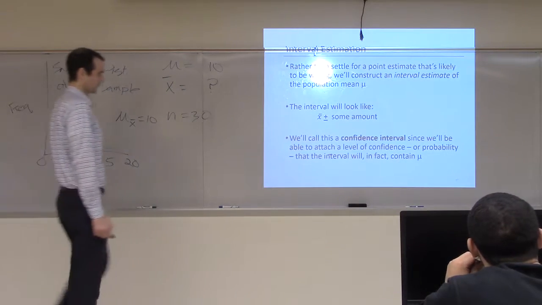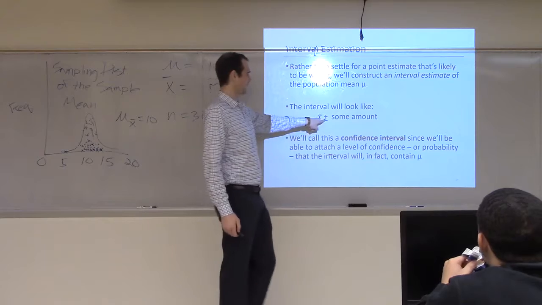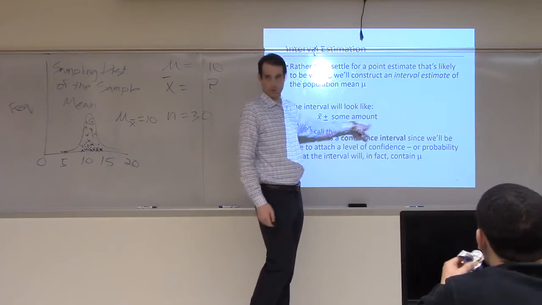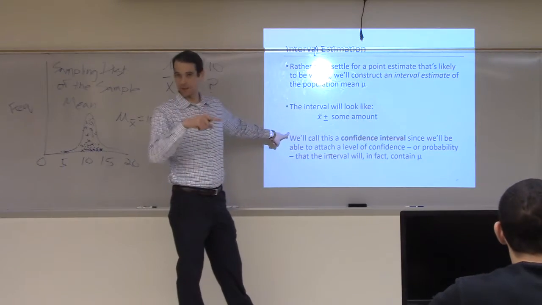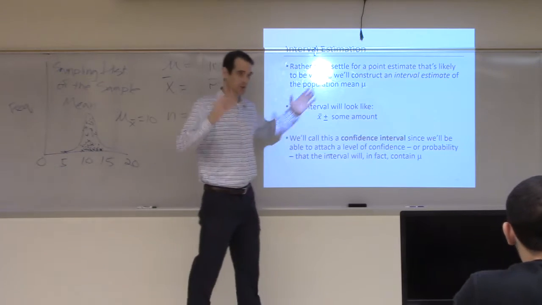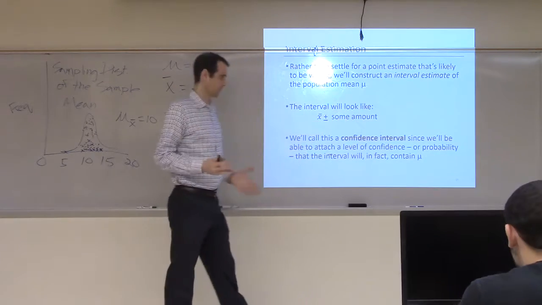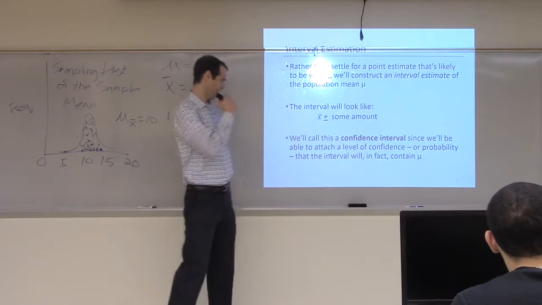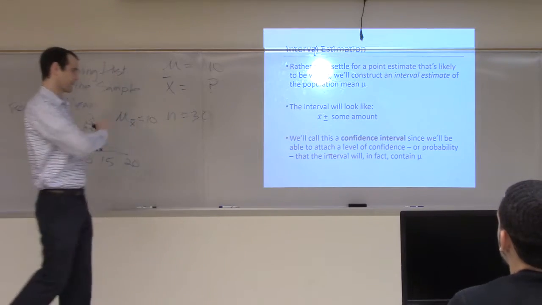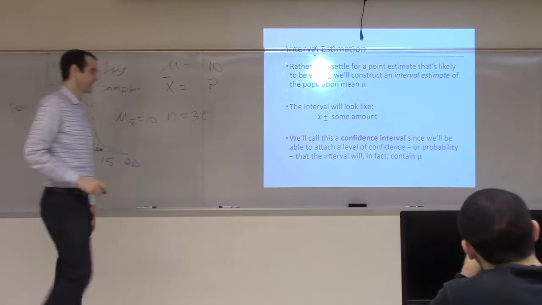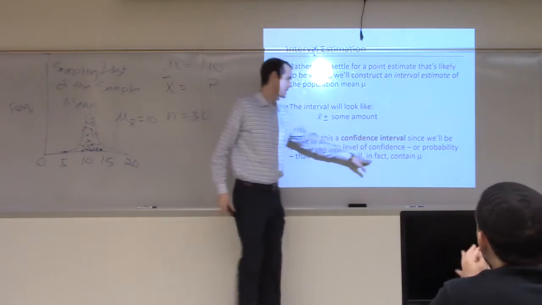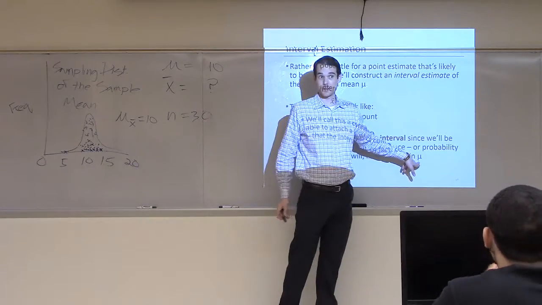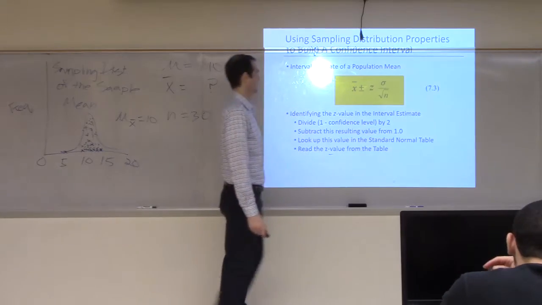So our interval is going to be our sample mean plus or minus some amount. In the quick example we did, it was 2 standard deviations. So all we need to know is the size of the standard deviation. Call this our confidence level, our probability that the interval will in fact contain mu, the true population mean.